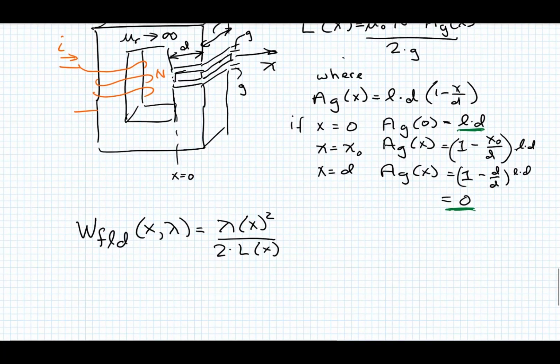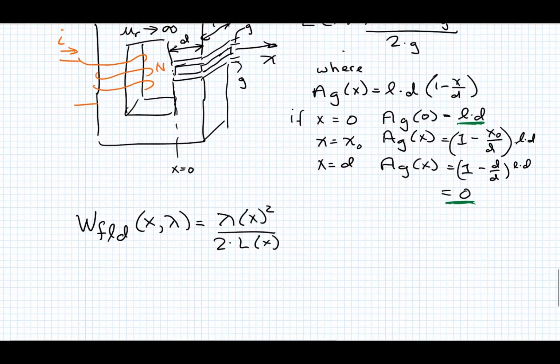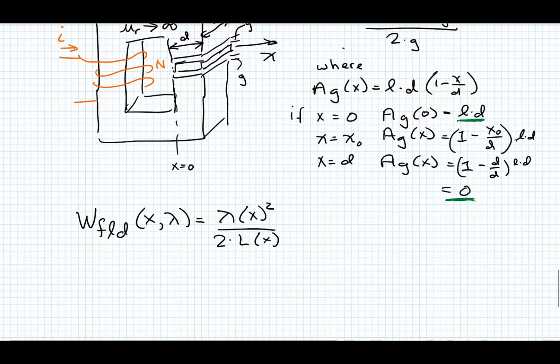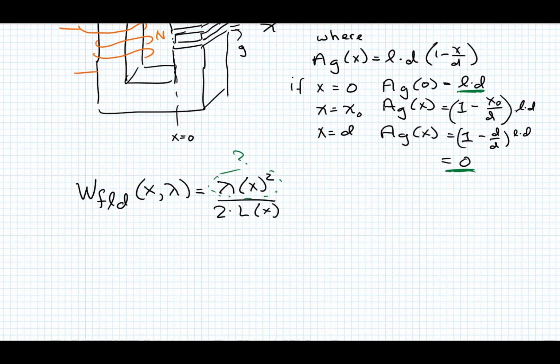Now what I can do at this point is say, okay, well, I don't know what this is, so what am I going to do here? Well, let's go back to what we knew before.